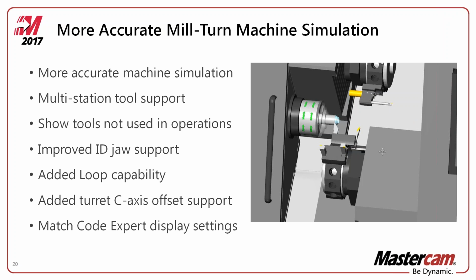Again, with all these additions, they've gone in and made machine simulation a lot more accurate, adding in the turret support for the C-axis offset. We're going to be matching the Code Expert display settings, and we're still going to be showing the tools that are not necessarily used in the operations, along with the multi-station tool support.